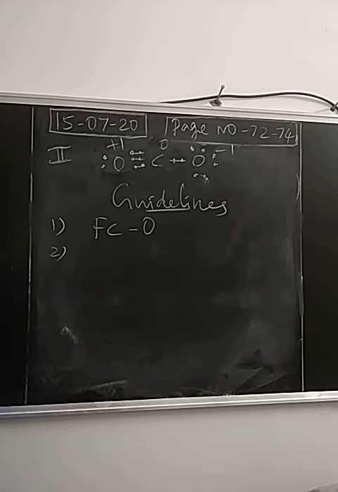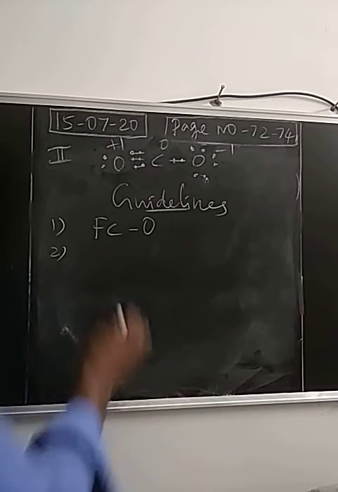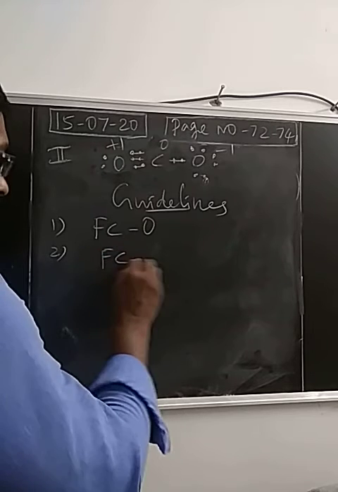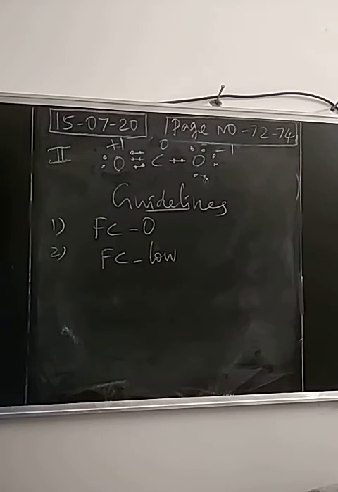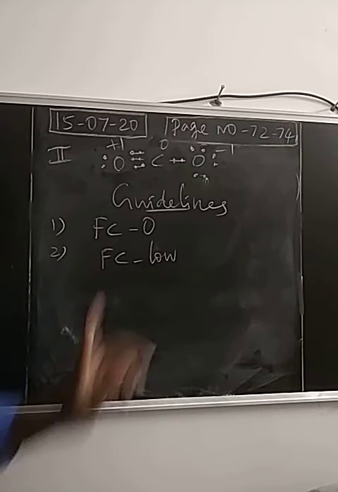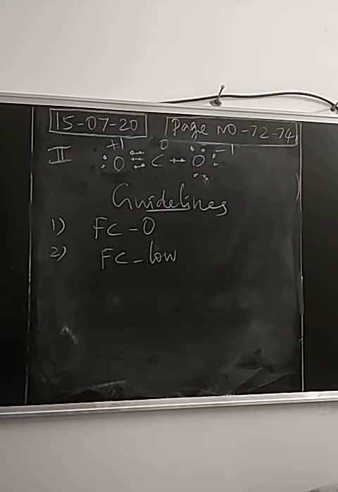Number 2: you have more than one possible structure in which the Lewis dot structure with the formal charge of low value will be the preferred structure. So 2 possible structures are there. One will have low formal charge, another will have high formal charge.